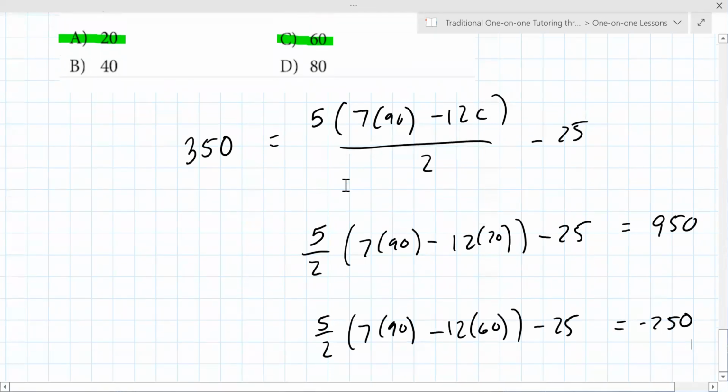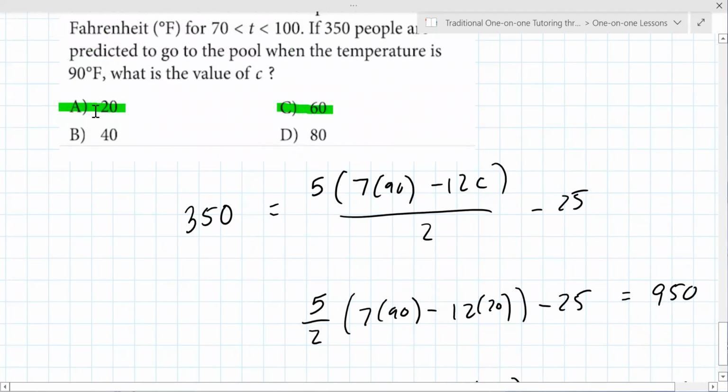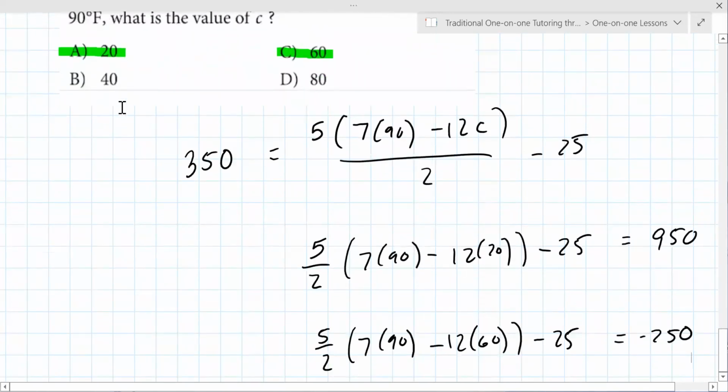Okay. So this approach, you might not quite understand what we're doing, but I know that the answer is B. So why did I have you choose A? Well, A gives you a number that's too large. Remember, we want it to be 350. C gives you an answer that's too small. So we know that the correct answer must be right in the middle.